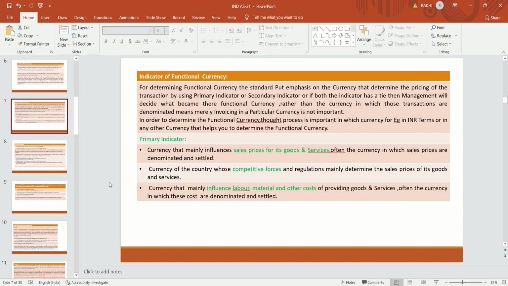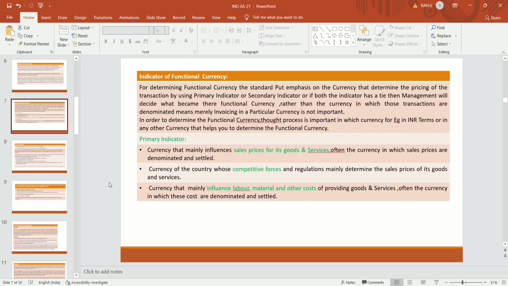So the question is whether the customer will accept that price or not. So sales price is one of the indicators to determine the functional currency. And also the cost: in which currency the company is paying its costs, like its labor cost and its material cost.